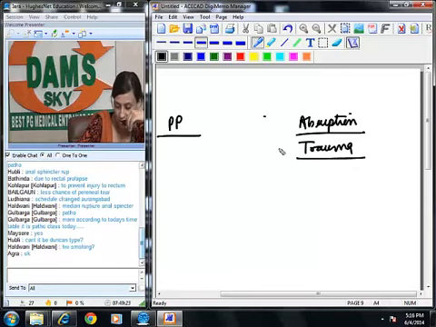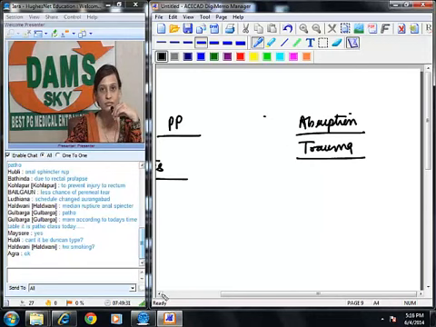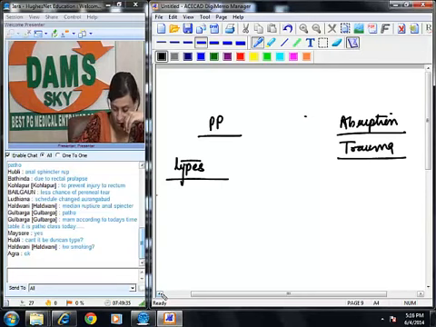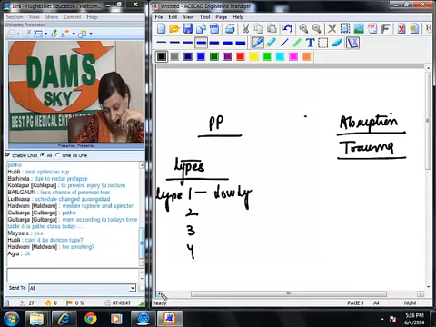So for placenta previa, first let us do the types, otherwise you will keep getting confused. If you talk about the types of placenta previa, they are divided into 4 types: type 1, type 2, type 3 and type 4. Type 1 is called a low-lying placenta.